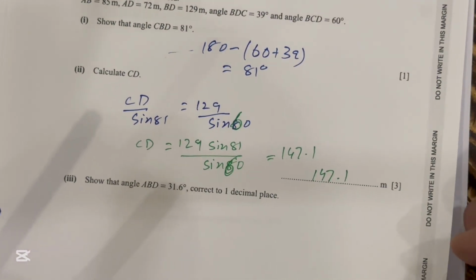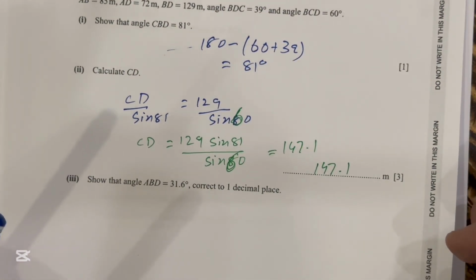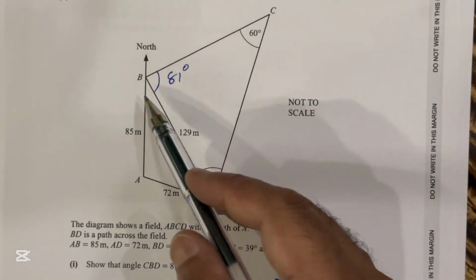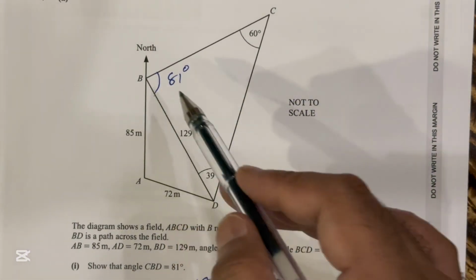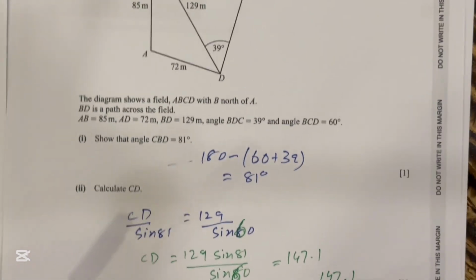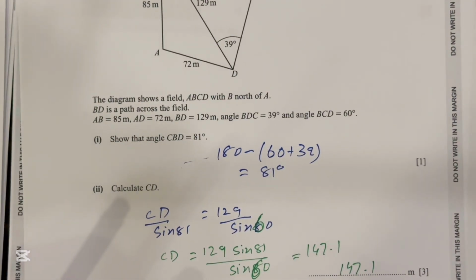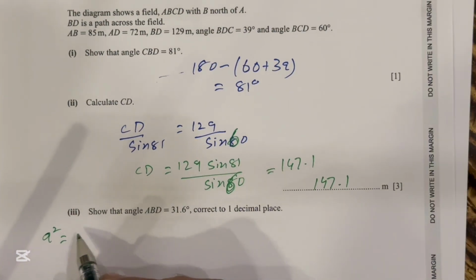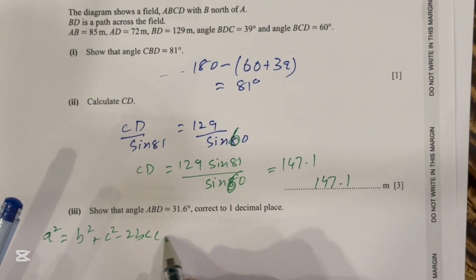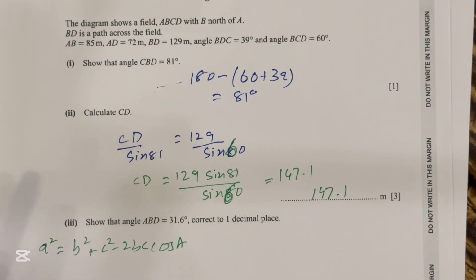Okay, moving to next part, show that angle ABD is equal to 31.6. ABD is this angle, you need to show it. You can apply cosine rule over here. Cosine rule is that a square is equal to b square plus c square, then minus 2bc cos of A, or you can directly find the angle like that.